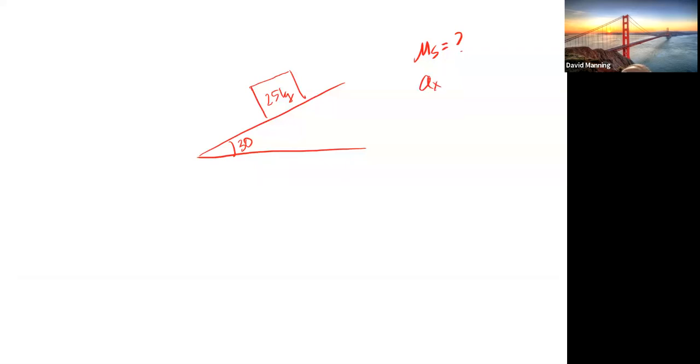So ax equals 0. So this is static friction. Our free body diagram, we have Wx, Wy, the normal, static friction. Our goal is to find μs.